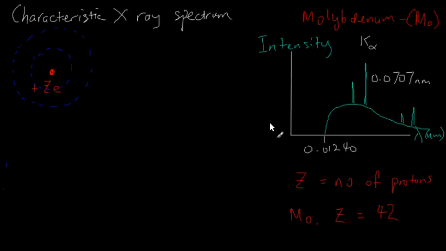Now in this case, I'm mainly interested in the K alpha line. What I'd really like to do is check whether a transition from this second level to the first level would really give me this wavelength.